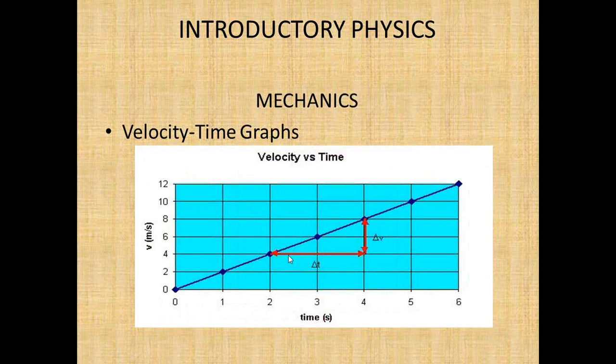So if they ask you to get the displacement between 2 and 4 seconds, you complete the right angle triangle and you get the area under the curve.